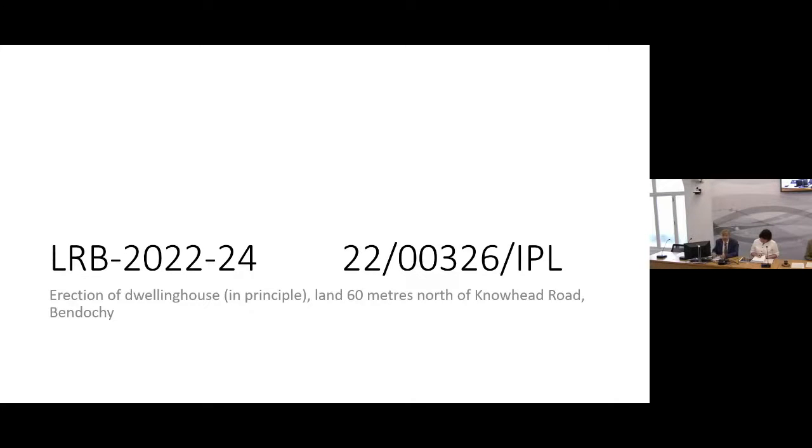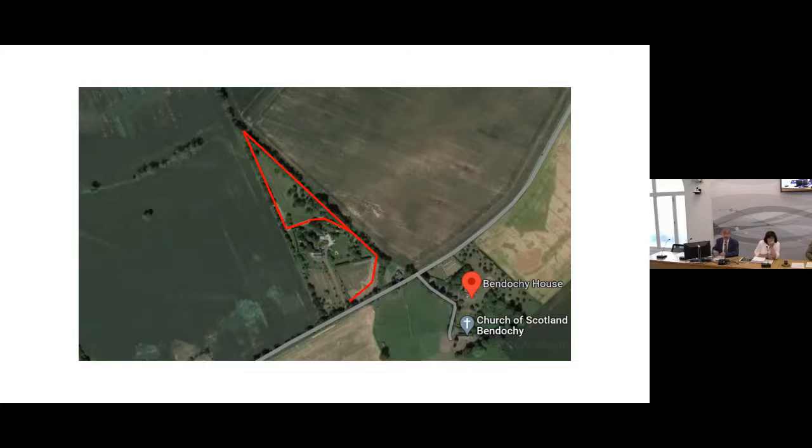Thank you, Chair. I'll take you through the pictures first, as usual. You can see the application site on the screen there. It's a large triangular site to the north of the house you can see, which is Nowhead House. To the south of Nowhead House, there's a roughly triangular field between that and the road you can see marked out.